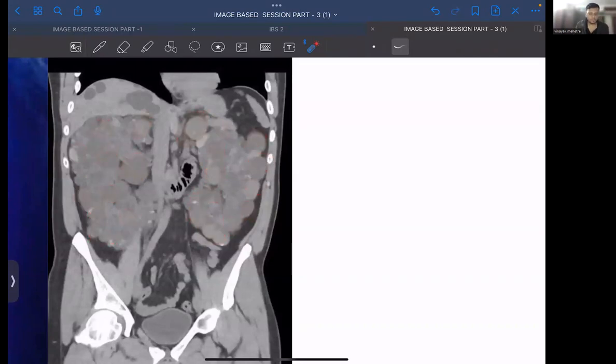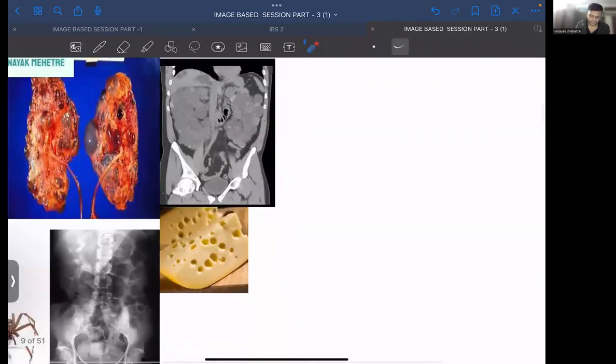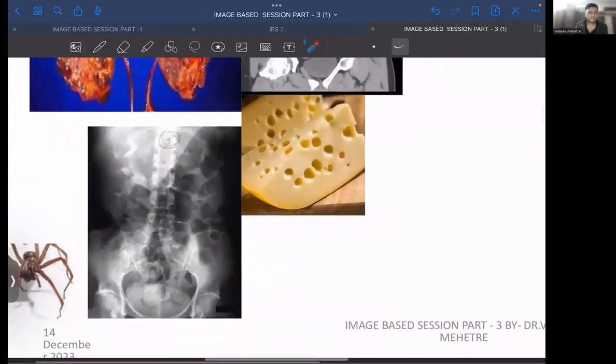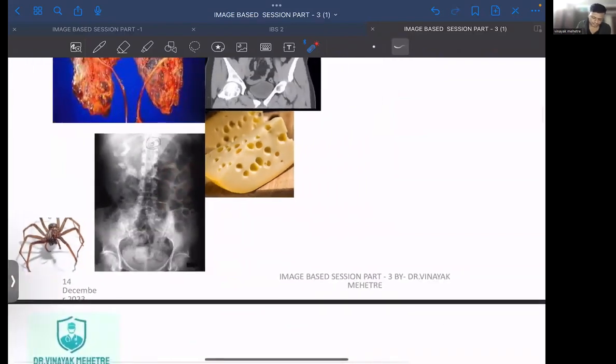If you are going to get an X-ray, what are you going to see? An insect with legs. That is called spider leg appearance. Spider leg appearance.